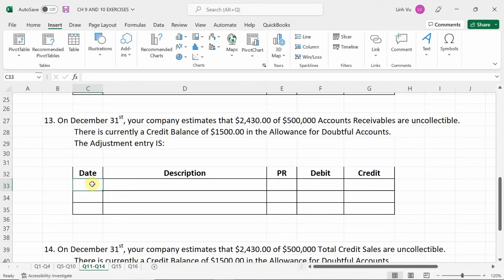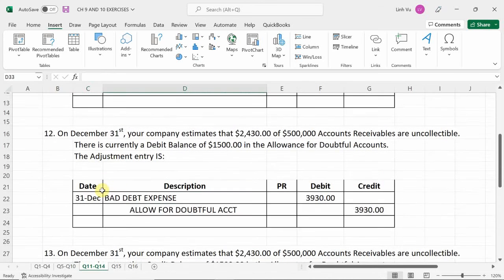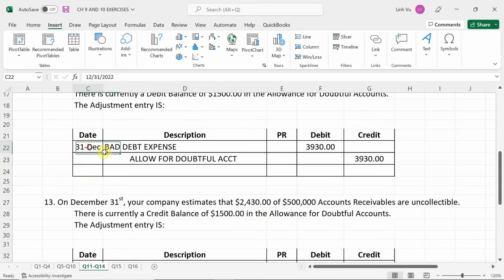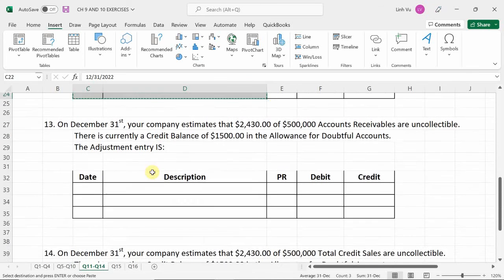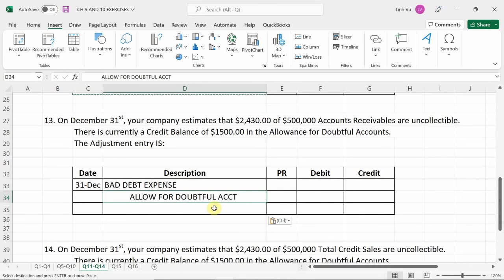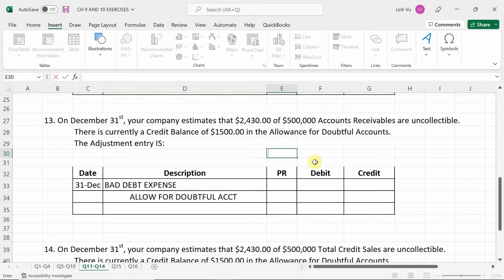Now in this case, we still need to determine what method I'm using. We have the keyword here, accounts receivable, so I'm using the balance sheet method. That means a debit or a credit balance is going to affect the total amount that I'm going to be journalizing. Credit balance means you're already on the right side.